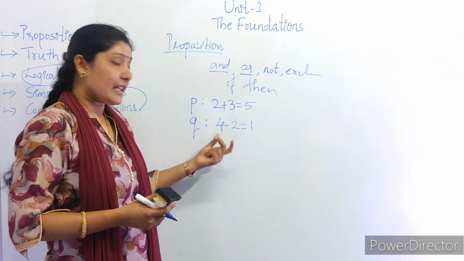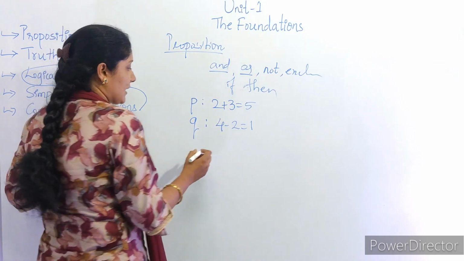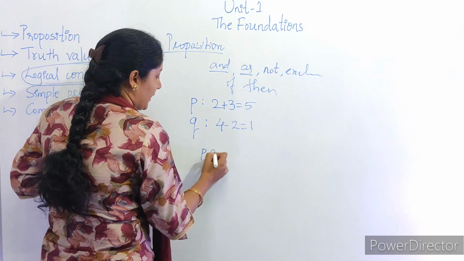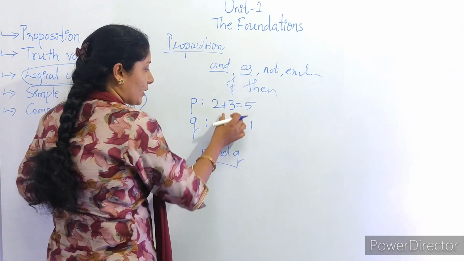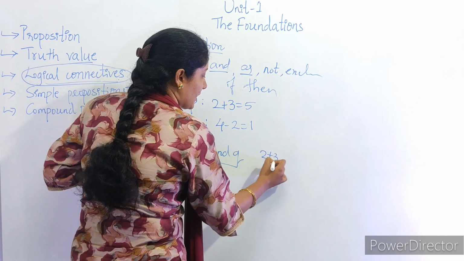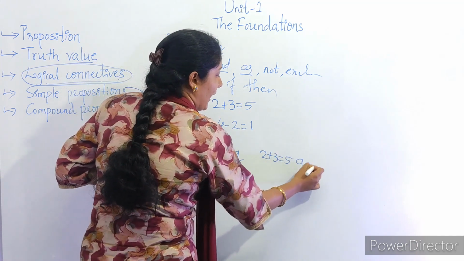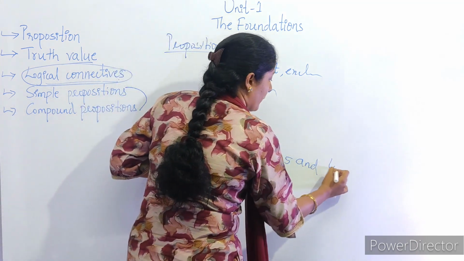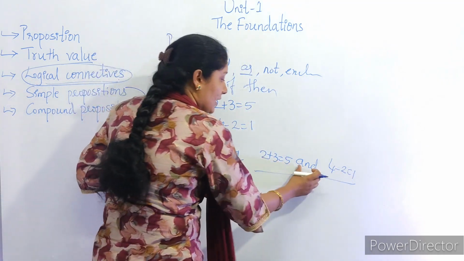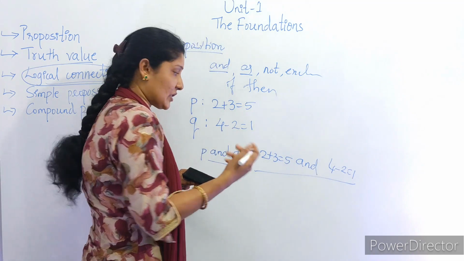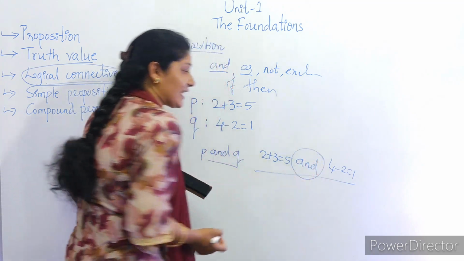Now, I will create one more proposition saying that P and Q. So P and Q means what? 2 plus 3 is equal to 5 and 4 minus 2 is equal to 1. So here I got one more proposition using one word, that is and.